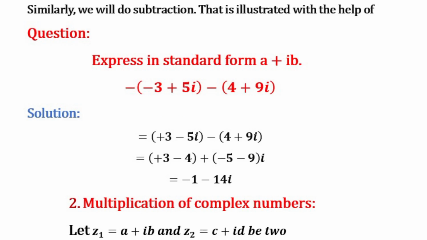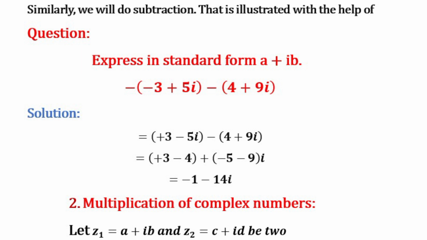Similarly, we will do subtraction with the help of question. Express in standard form a plus iota b. Question is given minus 3 plus 5 iota minus 4 plus 9 iota. These are complex numbers. First of all, minus will be multiplied in the brackets and we get plus 3 minus 5 iota and minus 4 plus 9 iota.